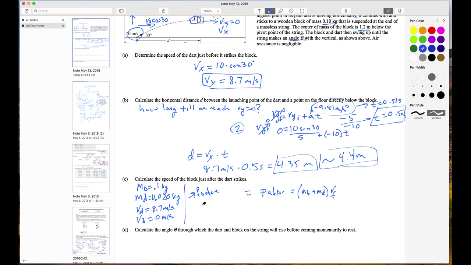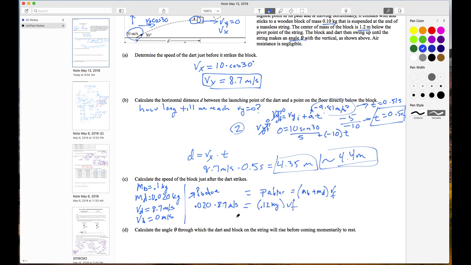well, I'd see that it's equal to just the mass of the dart, 0.020 times 8.7 meters per second. And that's going to equal 0.12 kilograms times VF.